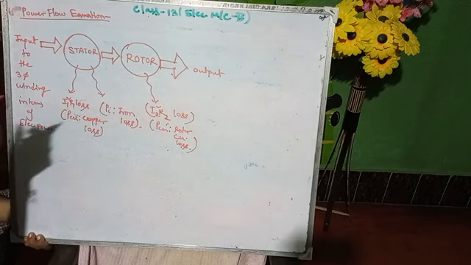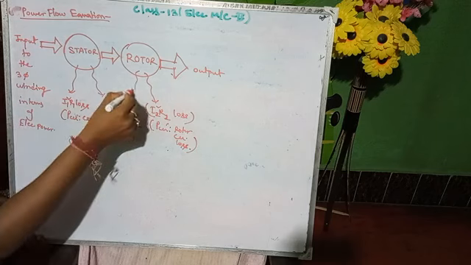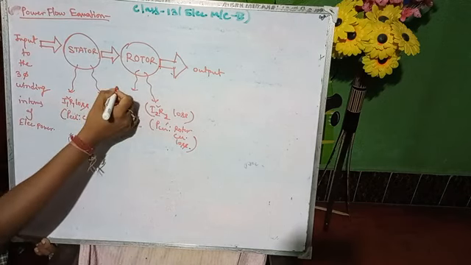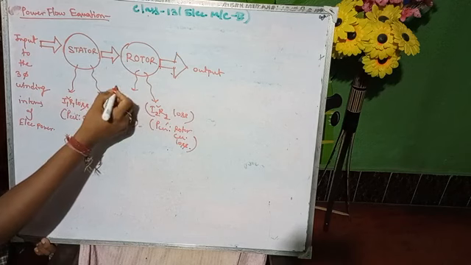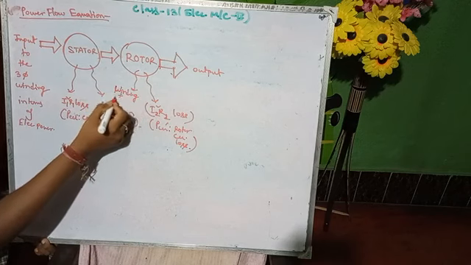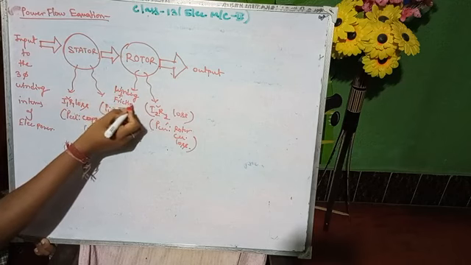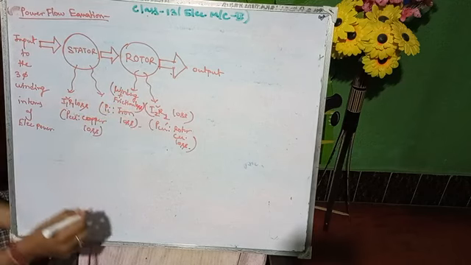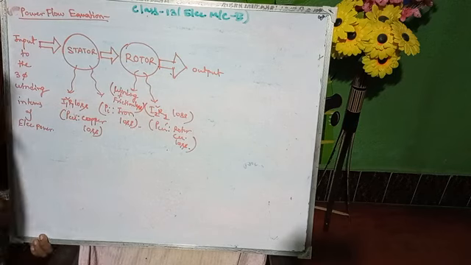And from the rotor there is another type of loss which is called the winding plus friction loss. Okay, so there are lots of losses.